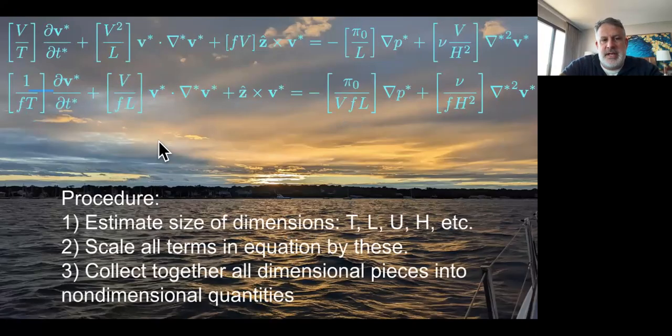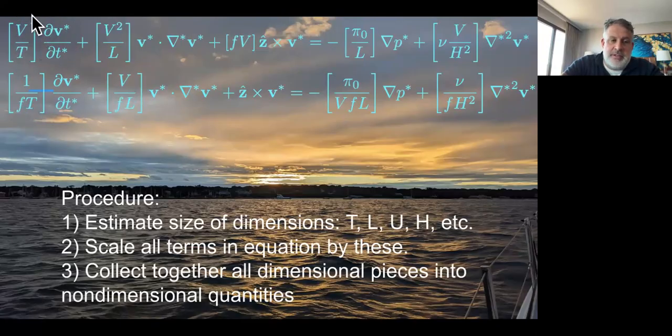So if I take that first step and pull out a velocity scale and a time scale out of that first term, this little asterisk means I've just divided the real velocity by that velocity scale and left a dimensionless velocity. And this is the same for the time. I've rescaled time in units of whatever the time scale big T is.